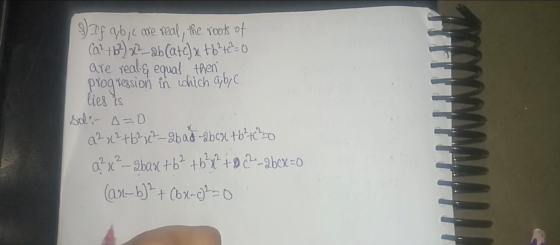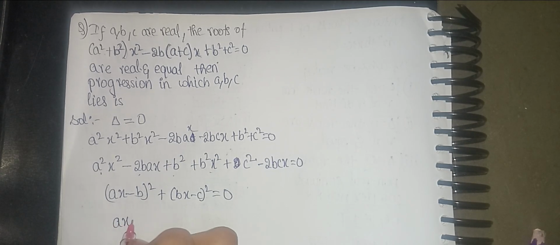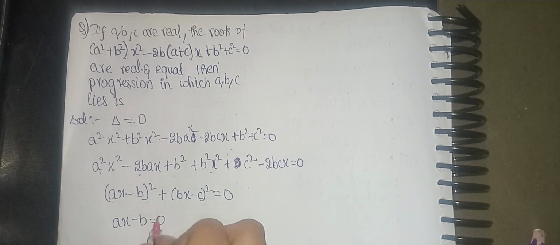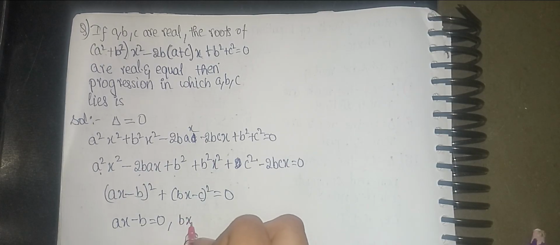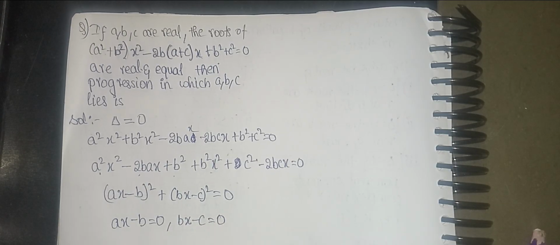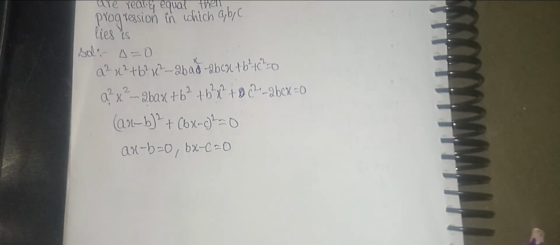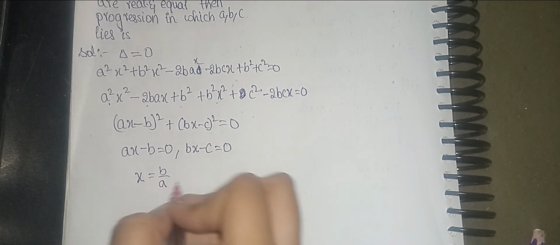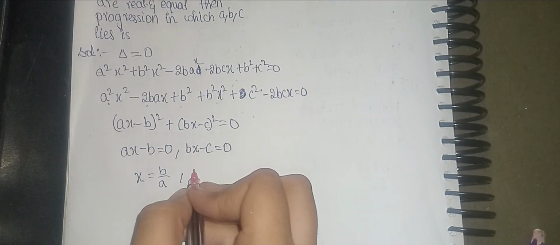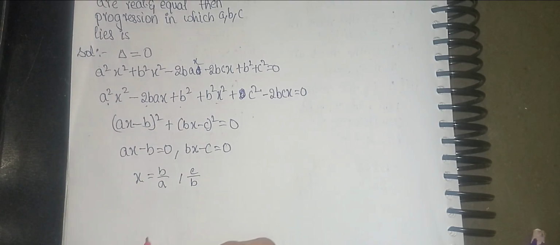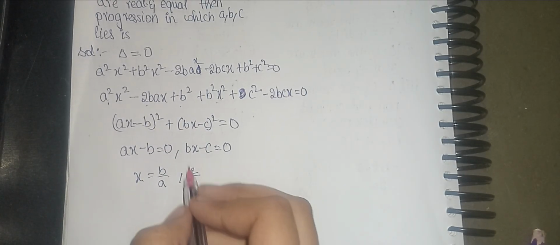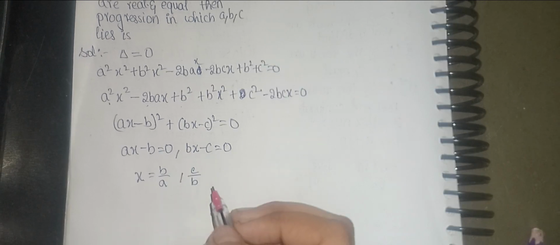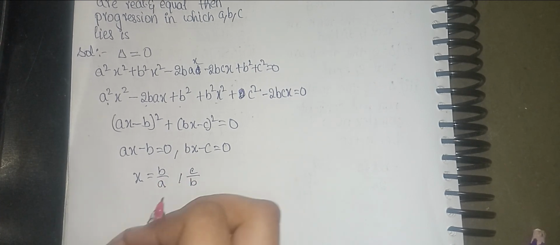Here there will be two cases. Ax minus b is equal to 0, comma, bx minus c is equal to 0. Then x can be b by a or c by b. Means x can be both, right?